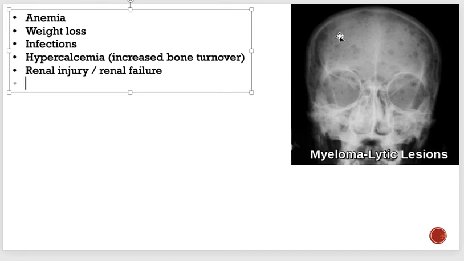Different abnormal protein materials that have almost similar structural organization are deposited in different tissues. Amyloidosis can be found in multiple myeloma as well as many other conditions, for example Alzheimer's, where a different type of protein is deposited in different parts of the body.